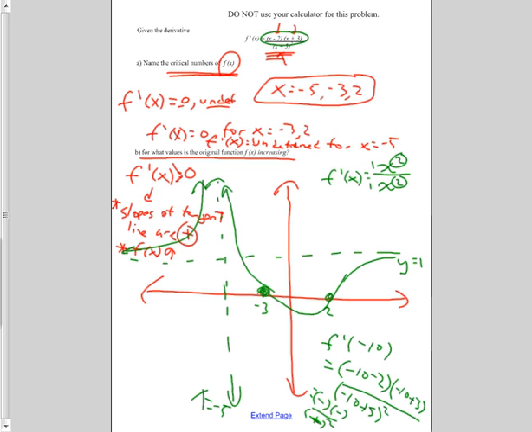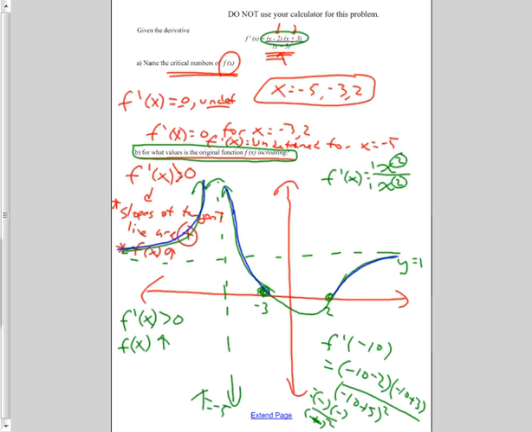So for what values is the original function f of x increasing? What we're asking is, when is my derivative function greater than 0? Because when it's greater than 0, my function is going to be increasing. The solution to that, where it's greater than 0, let's just draw that in blue.